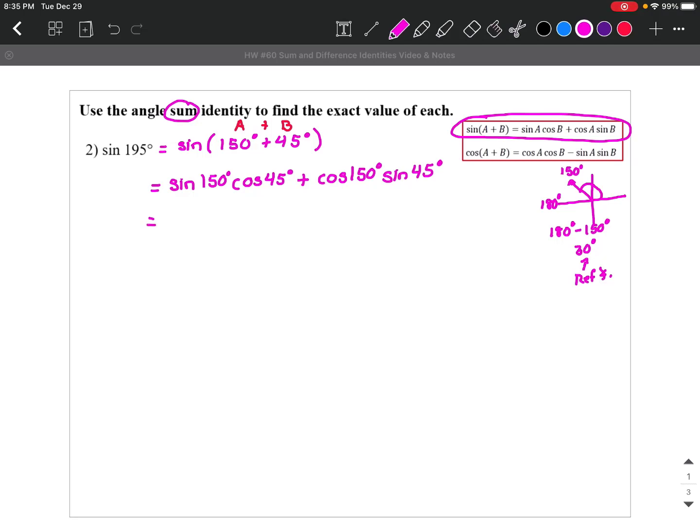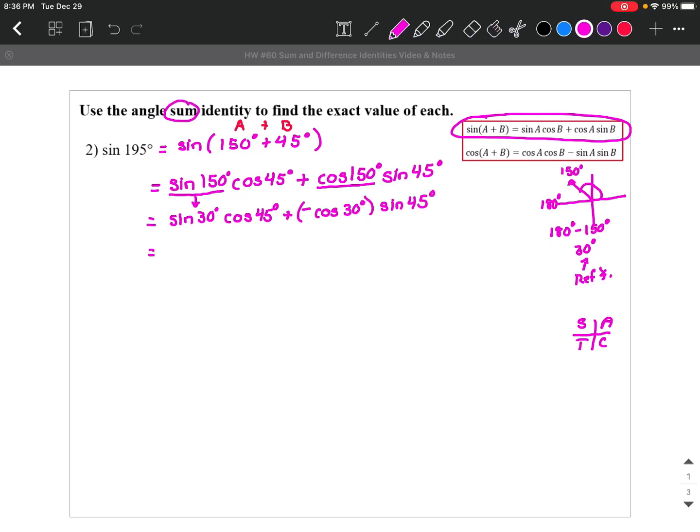Now, sine of 150 degrees. 150 degrees is in the second quadrant, and we know that all students take calculus. Sine is positive there, and the reference angle is 30 degrees. So we can rewrite this as the sine of 30 degrees. Now the cosine of 150 degrees, cosine is negative in the second quadrant, and the reference angle is still 30 degrees.